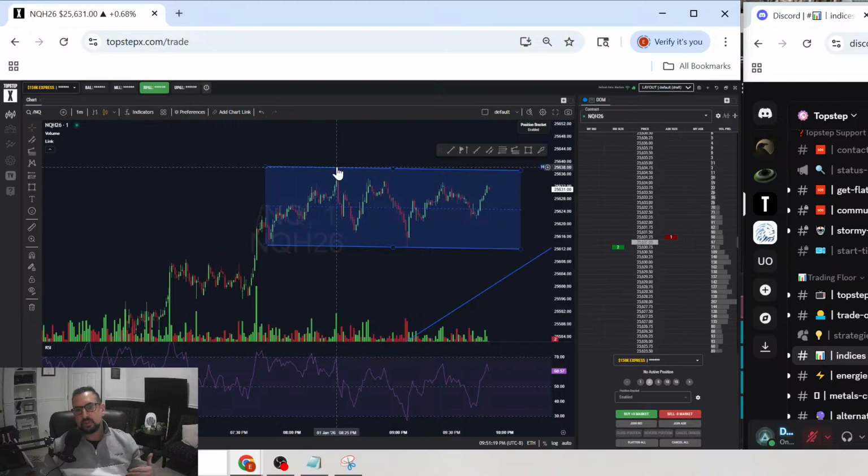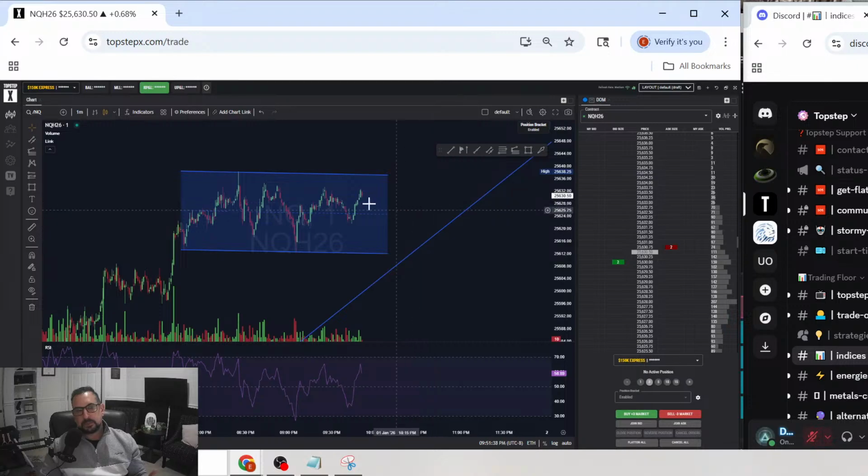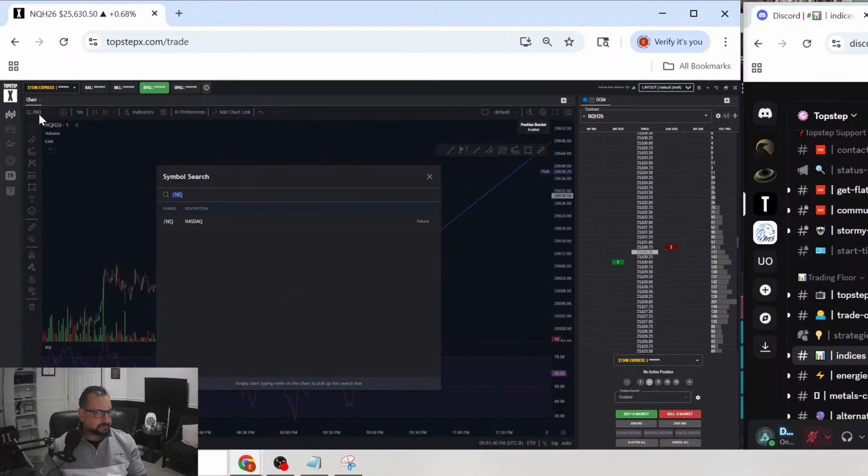So right now we have no dominant pattern in play. We're basically just going sideways. So we have 2 swings on the bottom. I'm going to draw the line there. I'm going to draw a parallel channel to the upside, and I'm going to watch how it reacts. There's a high likelihood we come here, we come back down, and we keep going until we get to this trend line. So we'll see what happens there.